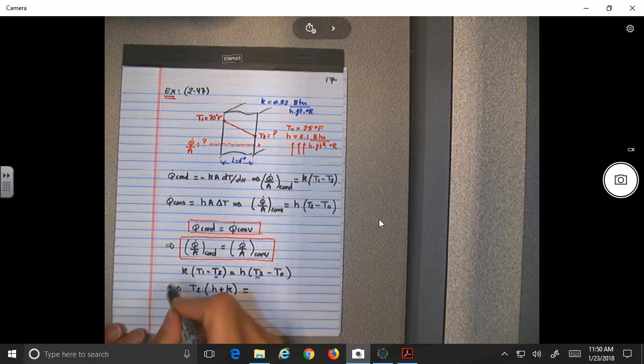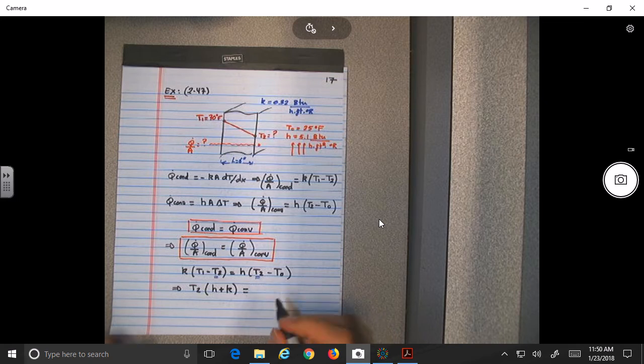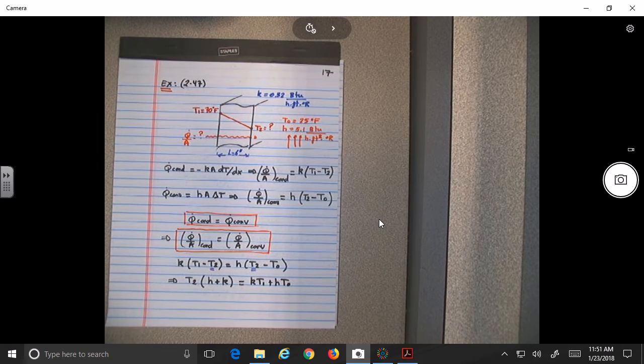So now I need to move everything to this side, and on this side I'm going to have K T1 plus H T0.